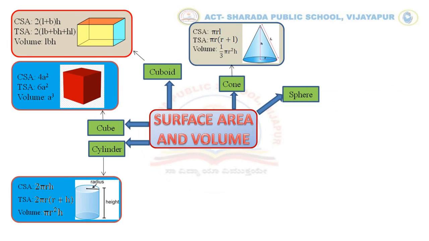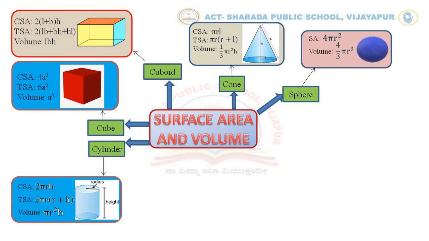The next is the sphere. It is a three-dimensional object which has no sides. It is a complete ball-like structure and it doesn't have two surface areas like the other objects, CSA and TSA.